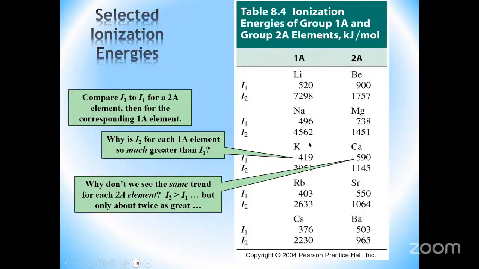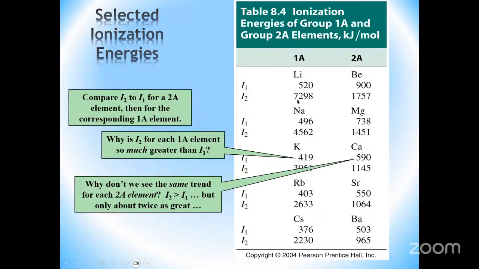If you look at the first ionization energy for lithium and compare it to the second ionization energy for the same atom, there's a significant difference: 520 compared to 7,298.